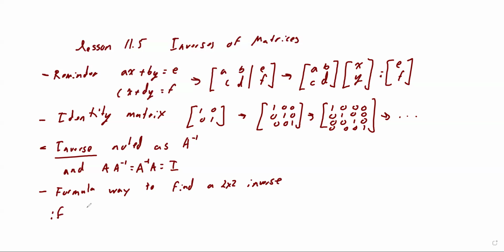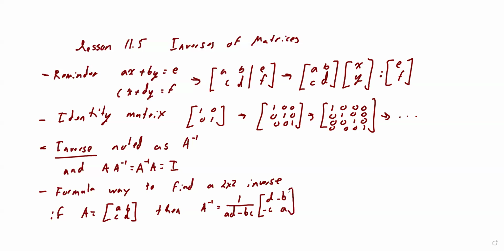So if A is equal to [a, b; c, d], then A inverse would equal 1 over the determinant, which is AD minus BC, times, you're going to switch the places of your A and D. So this is now D, this is now A, and then you're going to change the signs of your B and your C. So big note here, on this diagonal, I'm just changing the signs of C and B. On this one, I'm just swapping the A and the D, but I'm not changing the signs.